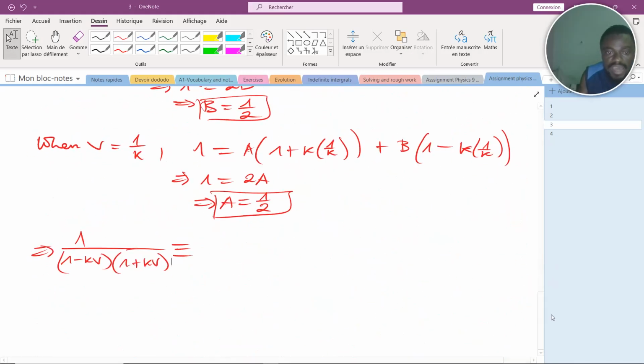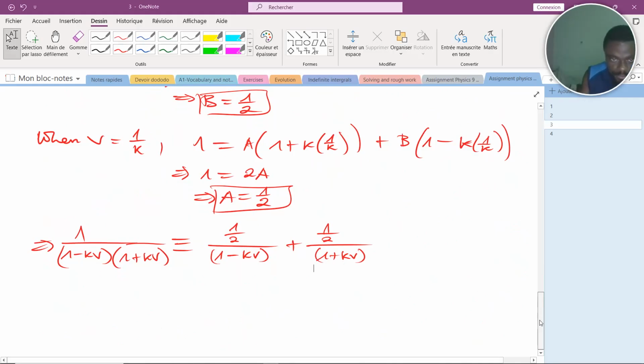A and B I have is equal to half all over 1 minus kV plus a half all over 1 plus kV. Is that okay?